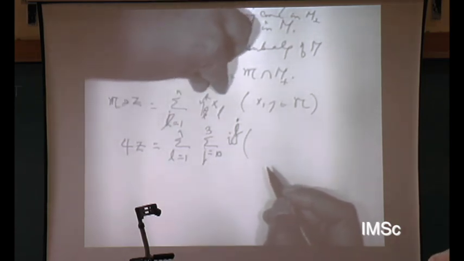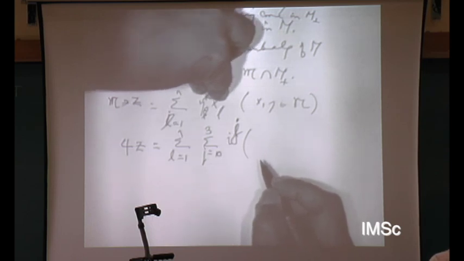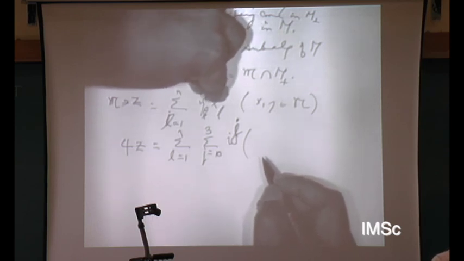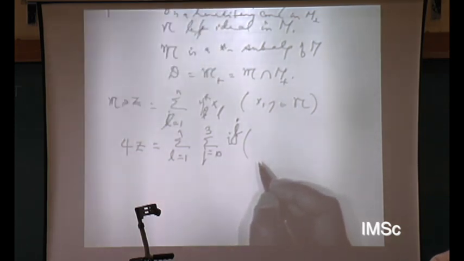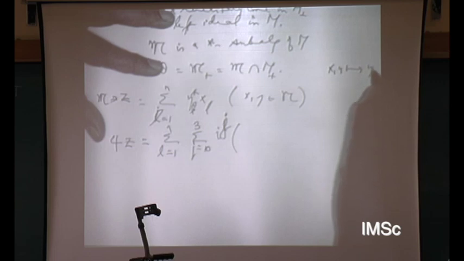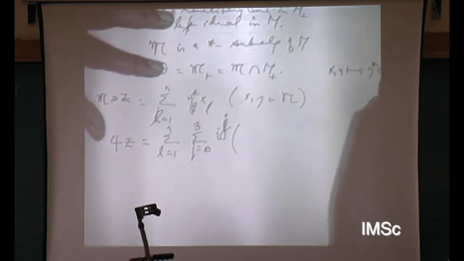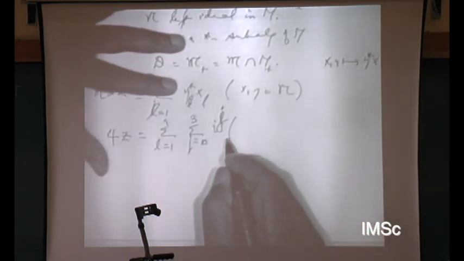So (x, y) going to y star x is our sesquilinear form, right? So we looked at (x, y) going to y star x, that is the sesquilinear form. Okay, so what is the thing there?